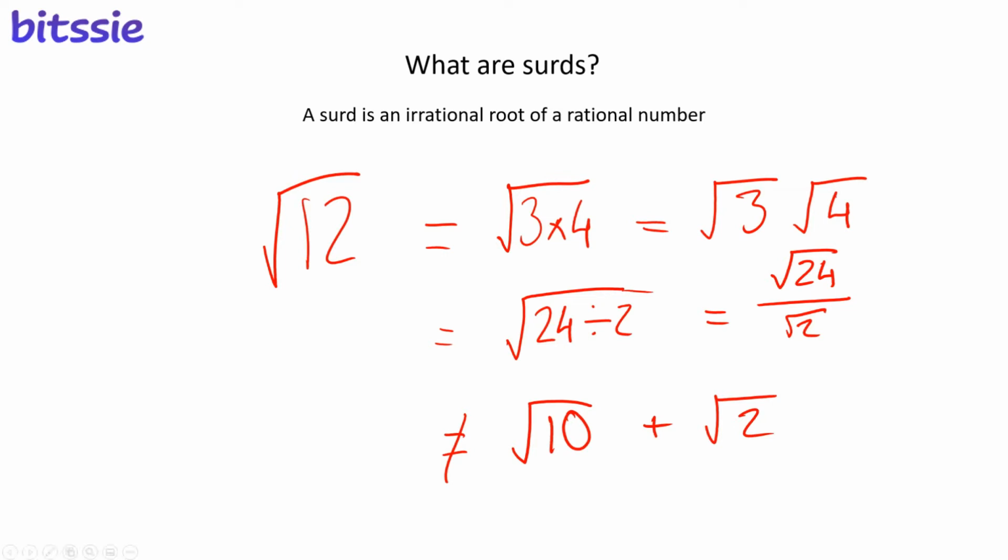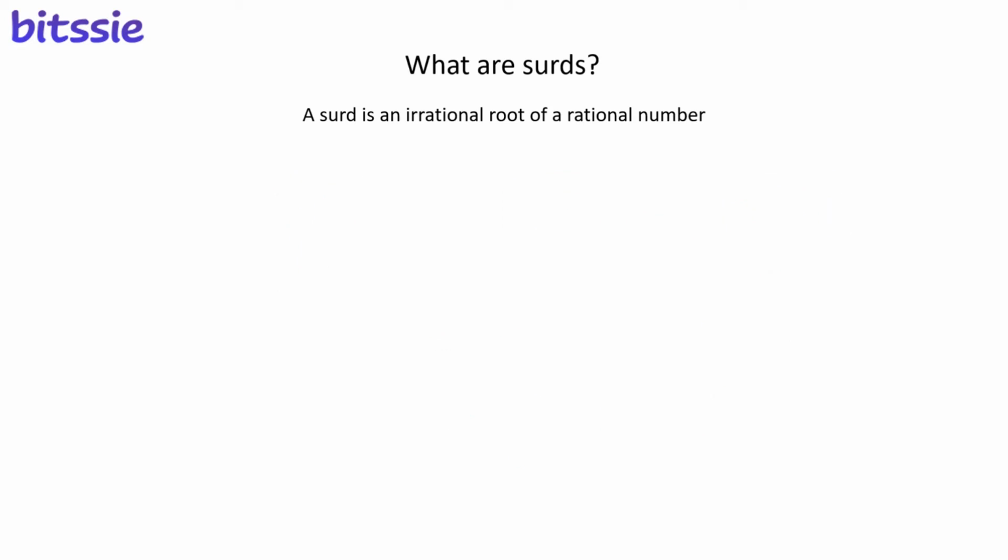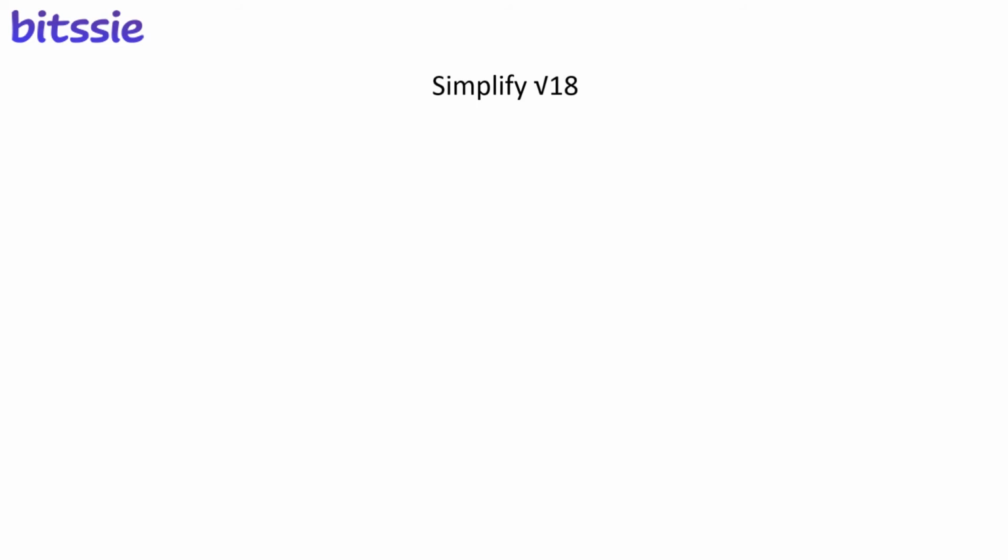So let's try to apply this multiplication method to our first example. So we've got the number, the square root of 18. We can write this as the square root of any of its factor pairs.